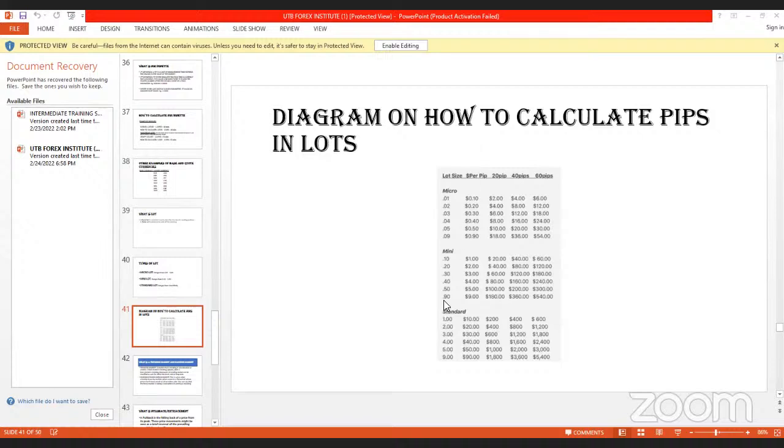So this is it. If you trade with 0.9 mini lot, that means if the market moves just 1 point, you make $9. If it moves against you, minus $9.